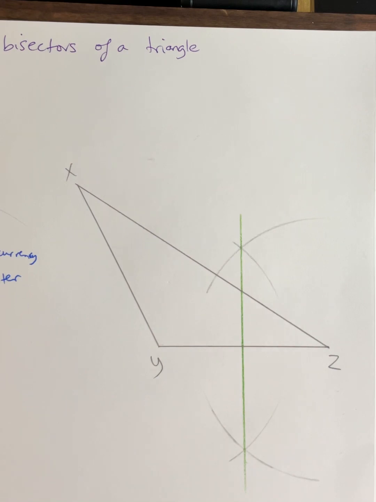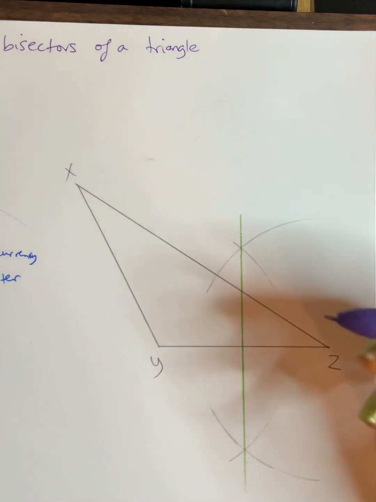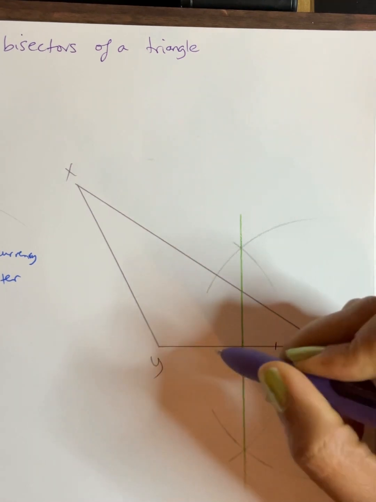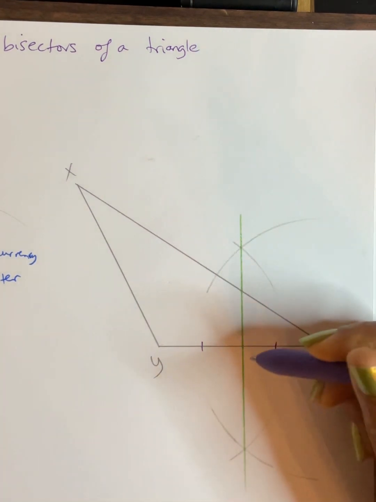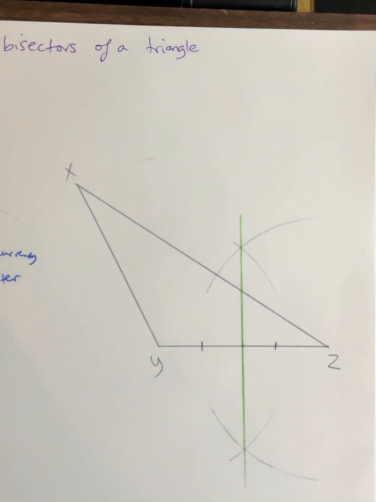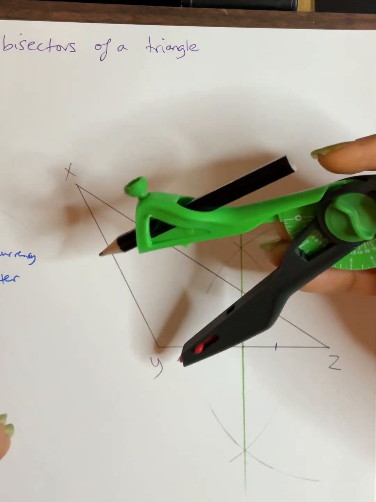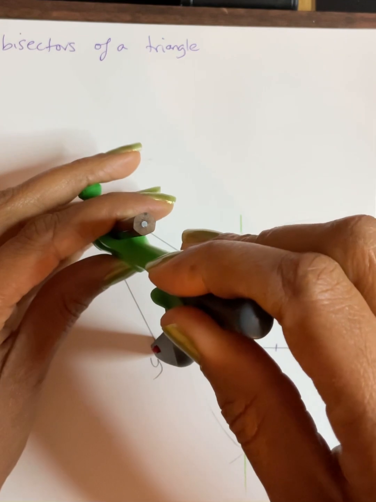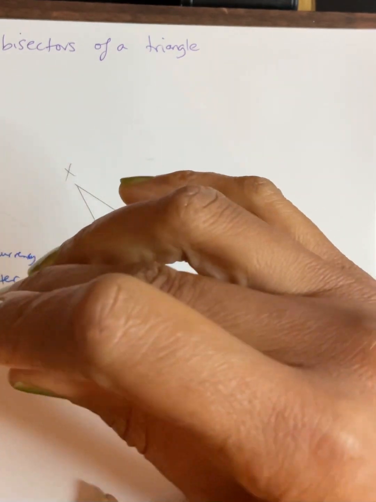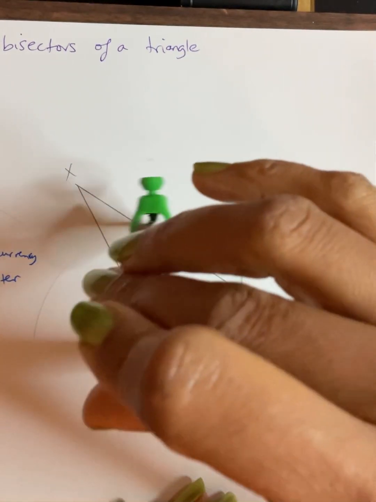Okay, so I have just bisected this line segment here, and you'll notice, because it's bisected, that this segment is congruent to this segment. This is a midpoint literally, but we're not going to discuss that right now because we're talking about doing the perpendicular bisector. So I'm going to place my pointer at Y. Once again, I don't need all of that line.